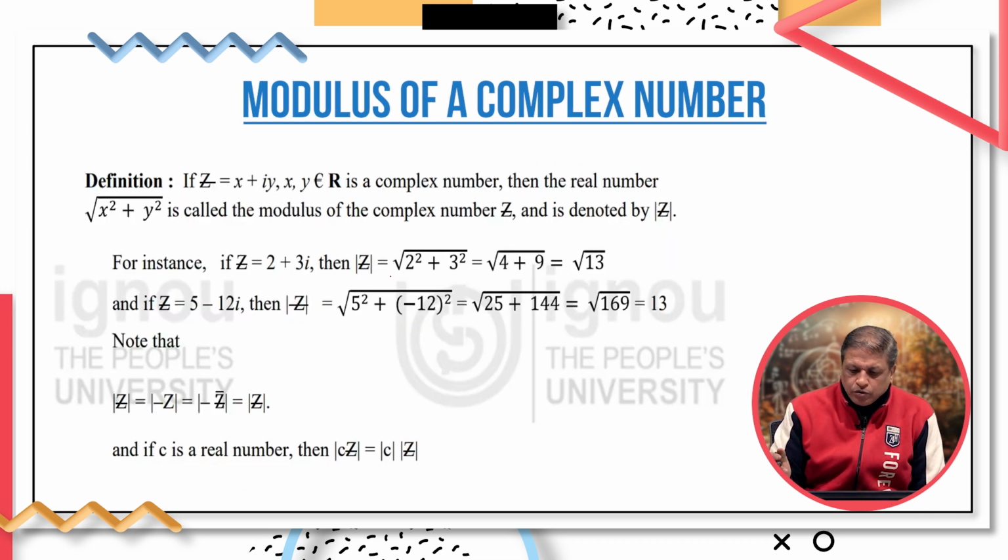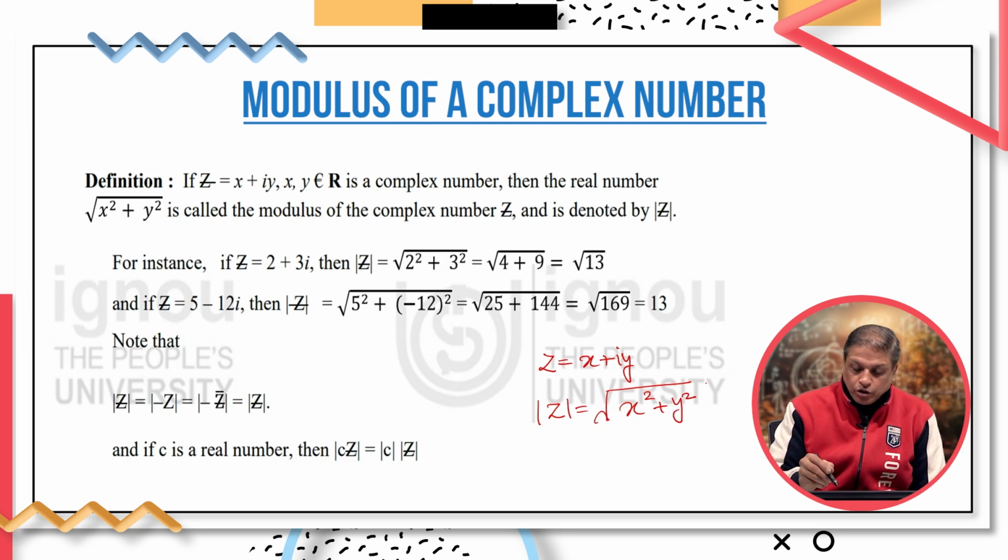And now the next important concept is the modulus of complex numbers, that is, how to find the modulus of a complex number. The modulus of a complex number is actually the square root of the sum of the squares of the real and the imaginary components. Say z is equal to x plus iy, then the modulus of this complex number will be equal to the square root of x square plus y square.